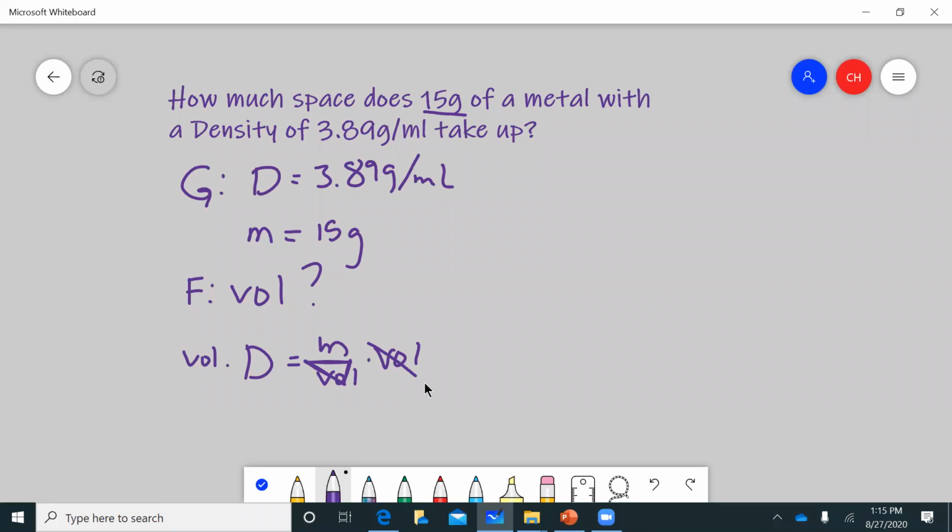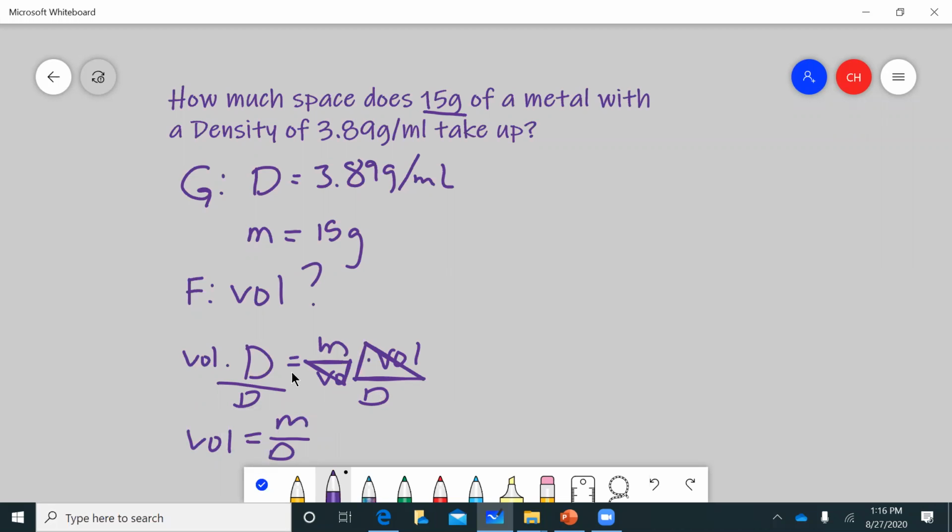The volumes will cancel there. Now I have a new equation that says volume times density equals mass. But I want volume by itself, so I'm going to divide by density on this side, and divide by density on this side. What I end up getting is that volume equals mass divided by density.